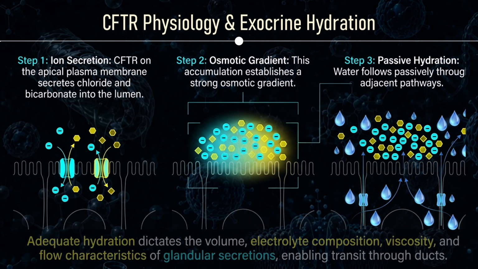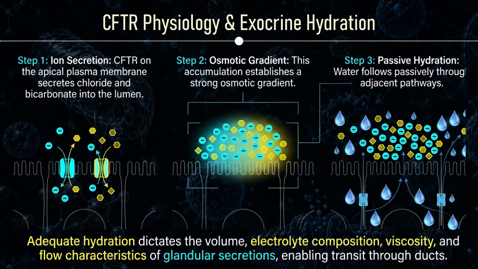The result is adequate hydration of exocrine secretions. This hydration determines not only the volume of glandular secretions, but also their electrolyte composition, viscosity, flow characteristics, and ultimately their ability to be transported effectively through ducts and across epithelial surfaces.